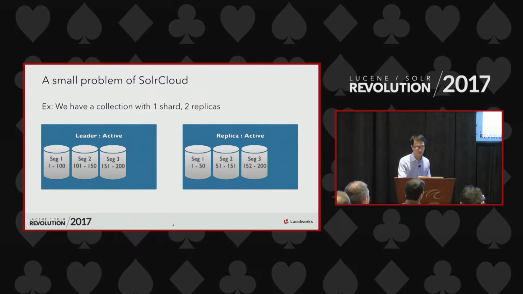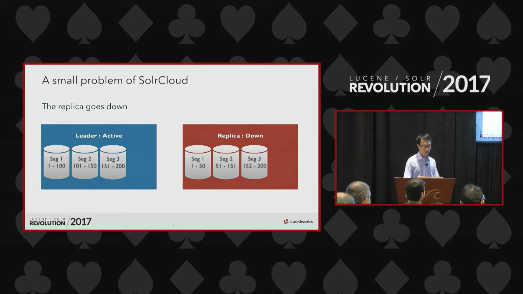So let's take a look at the details of that problem. For example, we have a collection with 1 shard and 2 replicas, as you can see here. As you may notice, although all replicas have the same index, the same number of documents, 200 documents in this case, the underlying segment files are not the same because of many factors like RTG, soft commit, the merge policy, and reordering of requests.